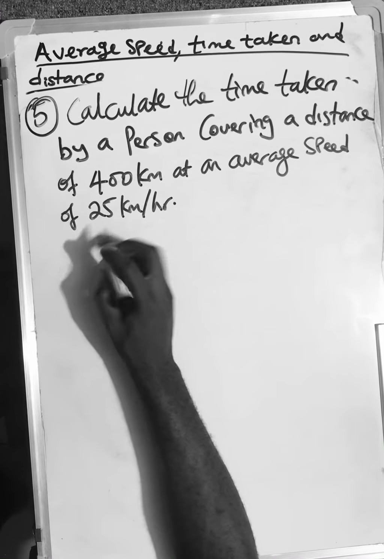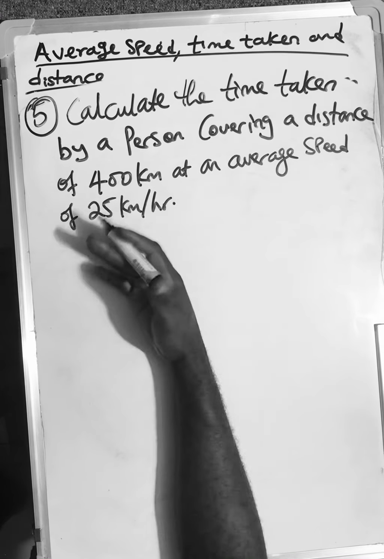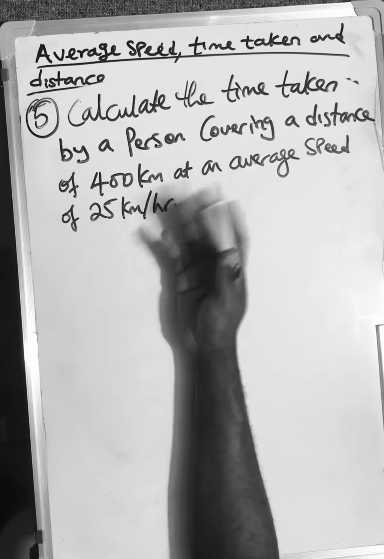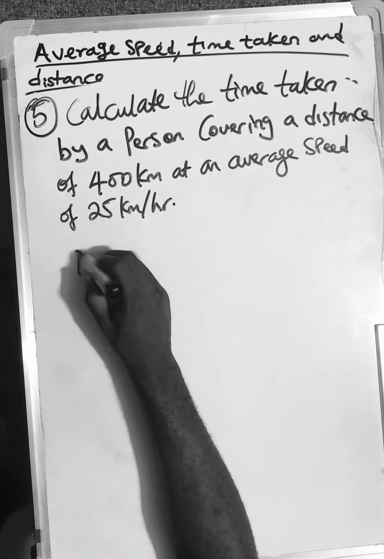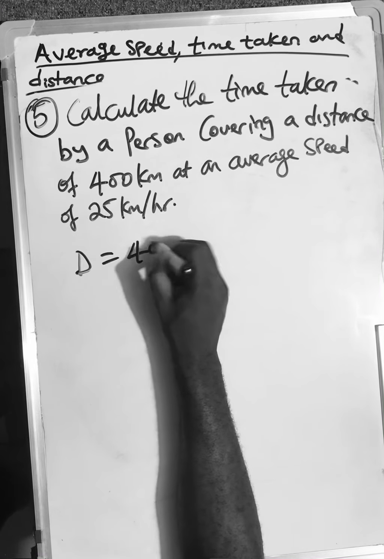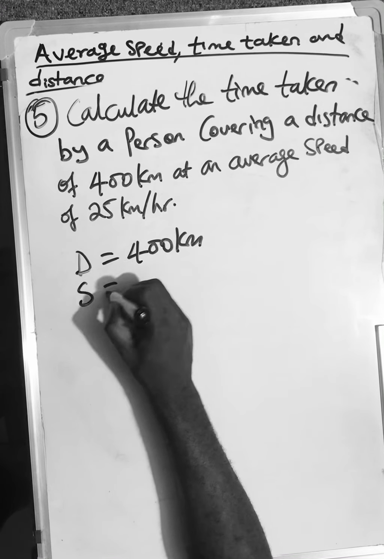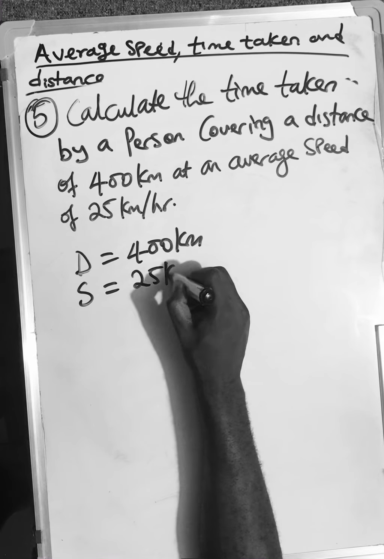Now, what we are looking for here is the time taken. The distance is 400 kilometers, and the average speed is 25 kilometers per hour.